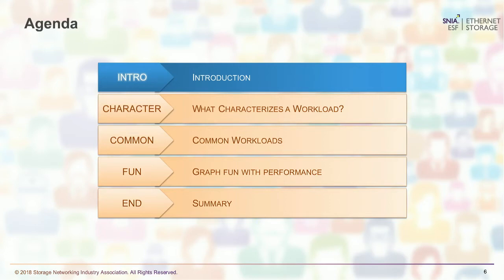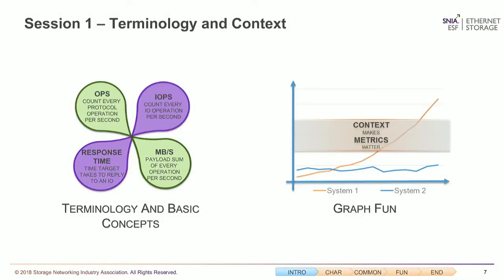So moving forward, right off the bat, Tim kind of went over what we have done previously in different sessions. So I'll give you a quick summary. Session 1 was on terminology and context. And the main important point in there is that context makes metrics matter.